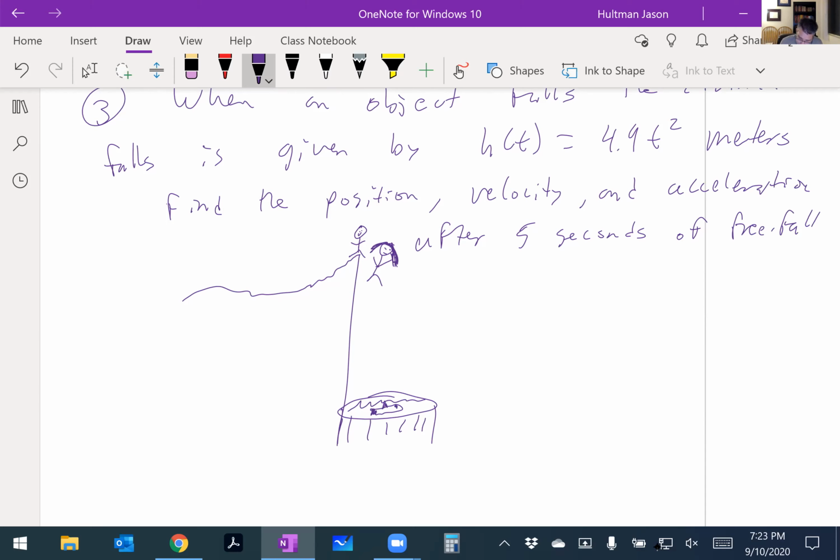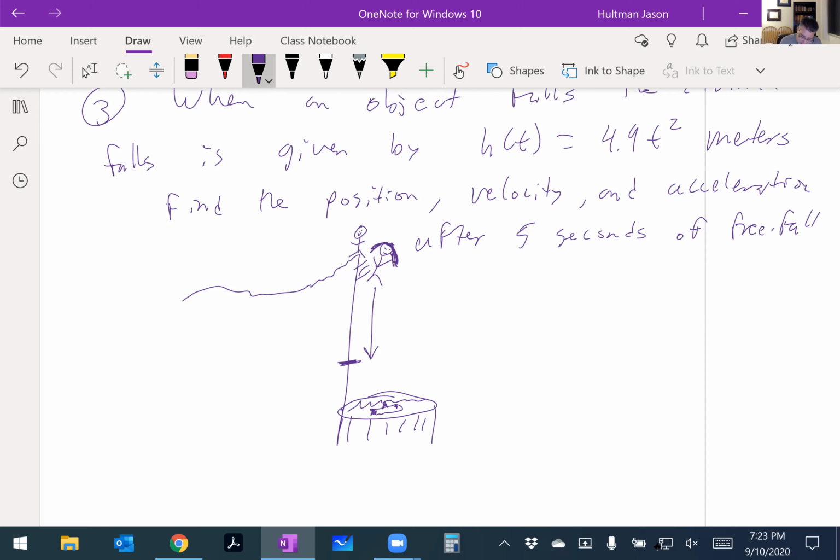Okay. So there's my sister, and she's in free fall. And I want to know, how far did she fall after 5 seconds? Now I would have to have pushed her off a very high cliff for her to be free falling for 5 seconds.